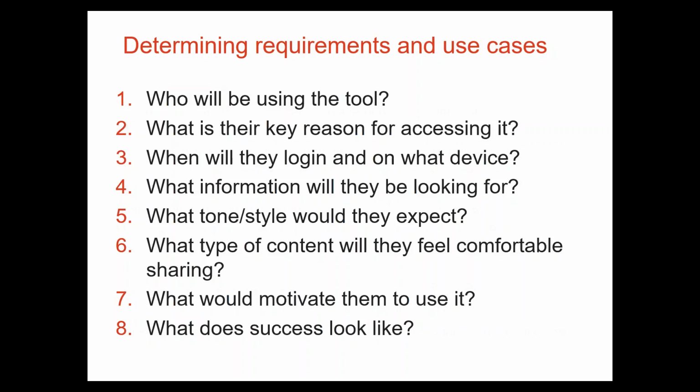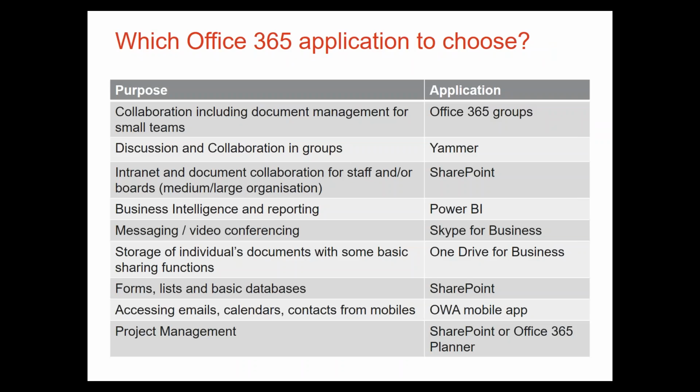So here are some examples. If you're looking at having some collaboration, you're in a small team and you want to collaborate on some documents, then something like Office 365 Groups could be pretty easy and suitable to implement. Whereas if you've got a larger organization and you're really just focusing on discussion, then probably Yammer's a better tool.